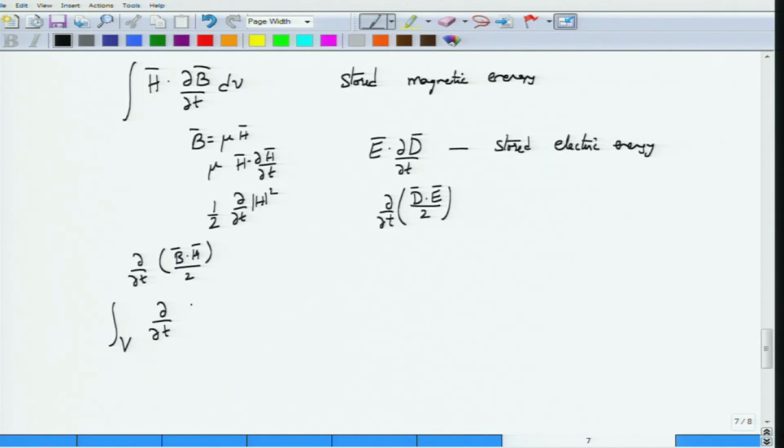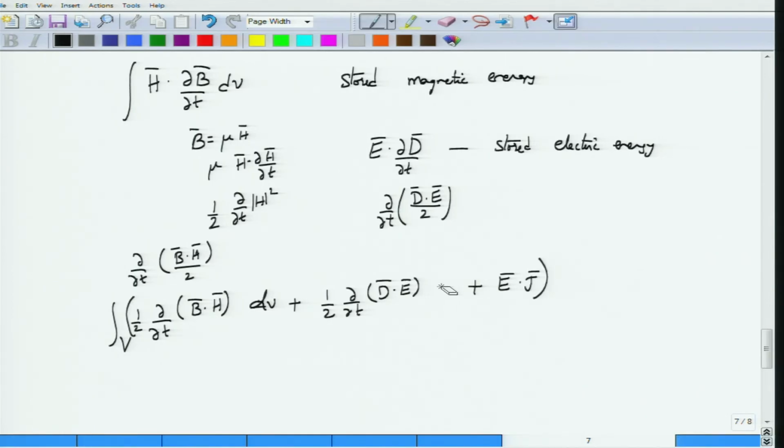So you have del by del T of B dot H by half, or you can push this half outside if you want, integrated over V, plus half del by del T of D dot E integrated over the volume, plus E dot J, which represents the ohmic losses, again integrated over the volume. Since everything is integrated over the volume, let me take that as a common factor, would be equal to minus integral of E cross H dot ds, right.